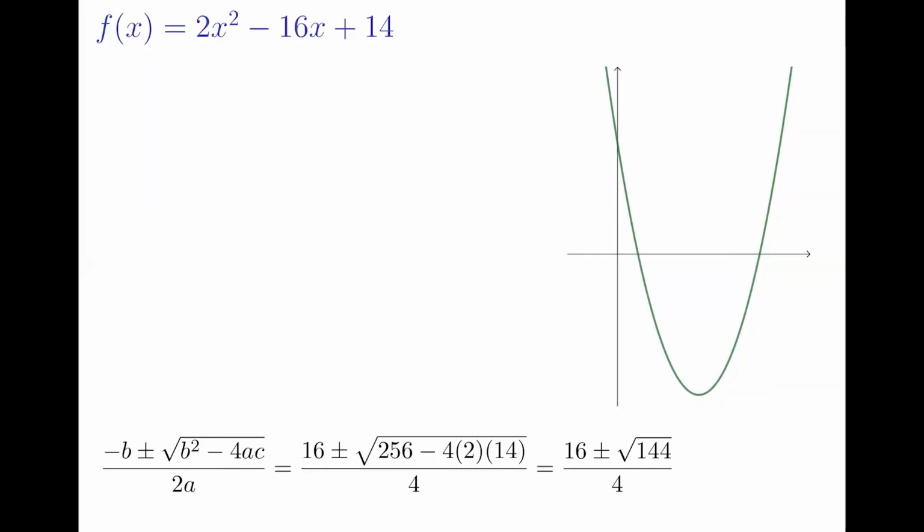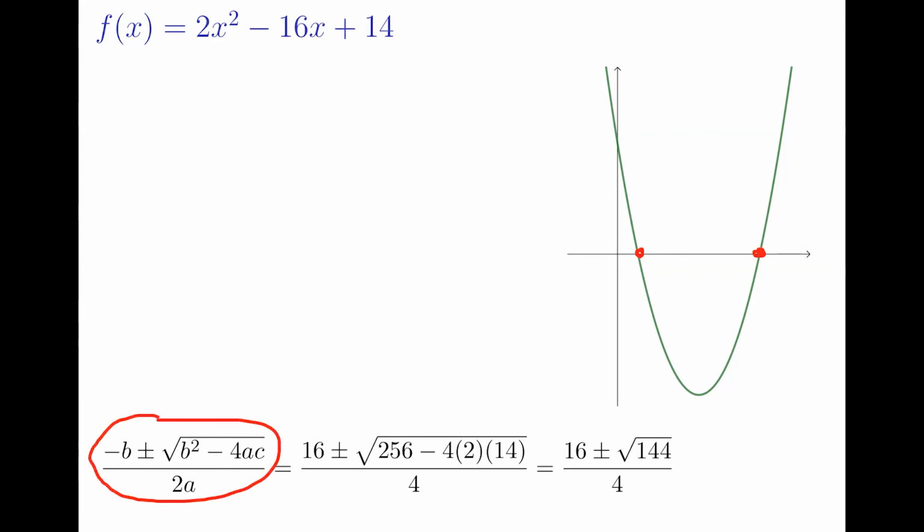The last thing I want to say is that if you don't see how to factor a quadratic function, and if you don't know how to complete the square, you still might be interested in finding the x-intercepts for that function. And to that end, there's one more way you can do it. There's this thing called the quadratic formula.